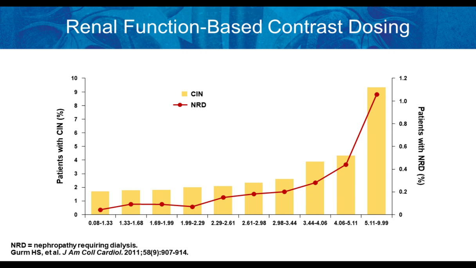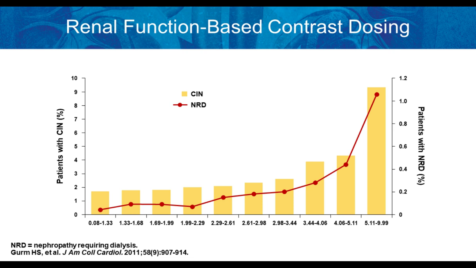Then it really goes up till about 5, and then obviously it is very high in patients that got 5 to 10 times the creatinine clearance. So if you got a contrast dose that was 5 to 10 times your creatinine clearance, these patients obviously had a very high risk of developing acute kidney injury or of going on dialysis.